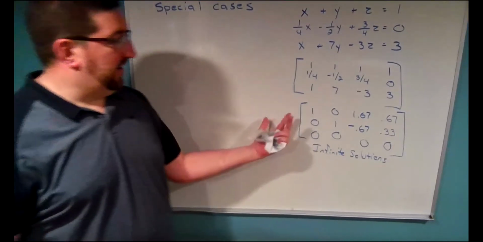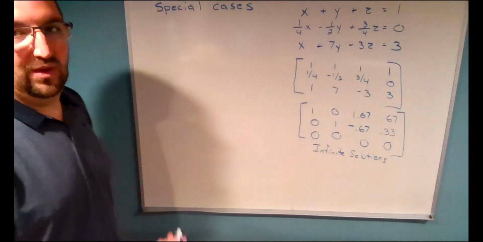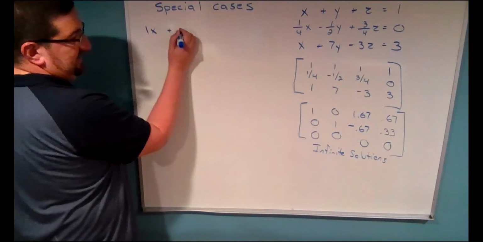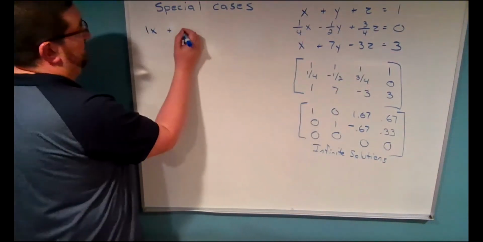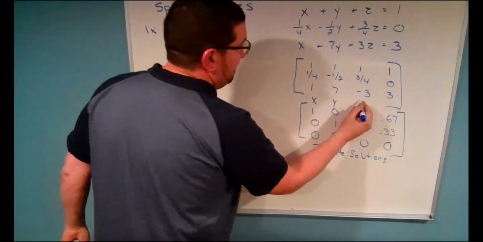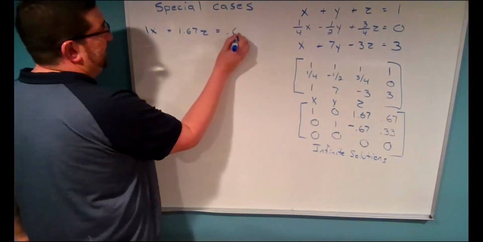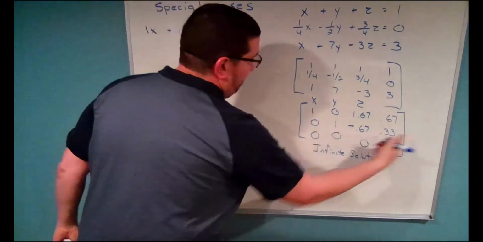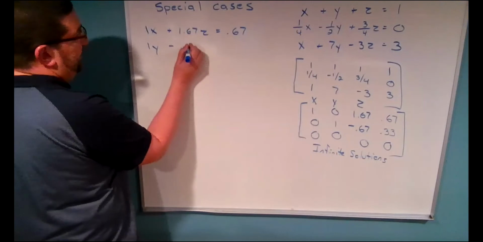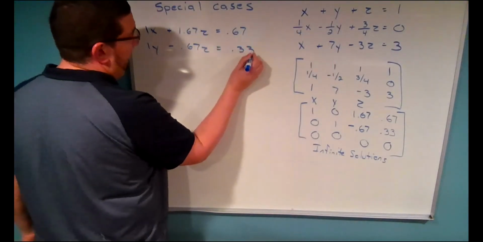Okay, so we have our reduced row echelon form here with all zeros across the bottom. What this really means is that 1x plus 1.67, that would be the z column, so plus 1.67z equals 0.67. And our next row states that 1y minus 0.67z equals 0.33.